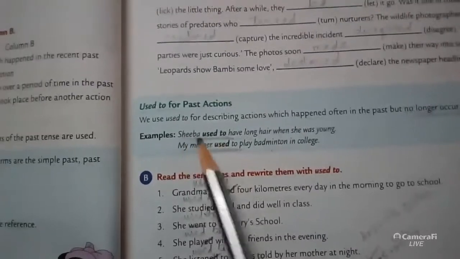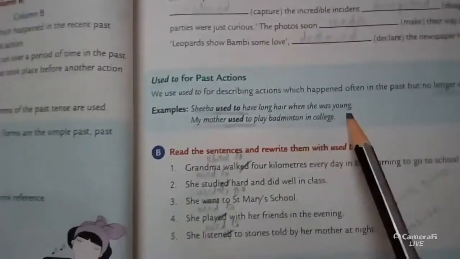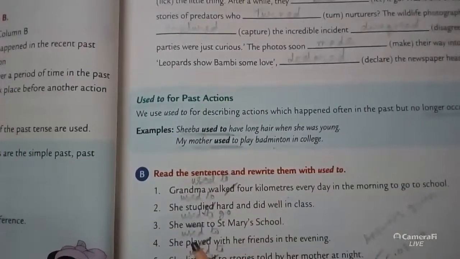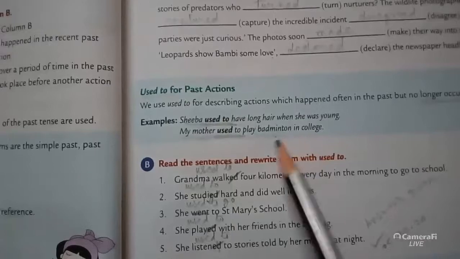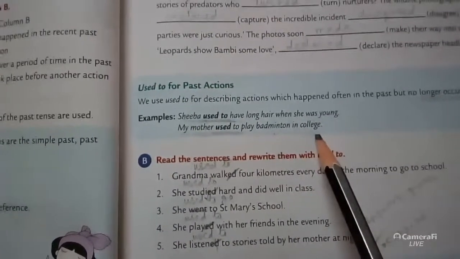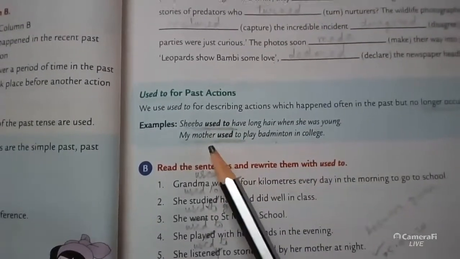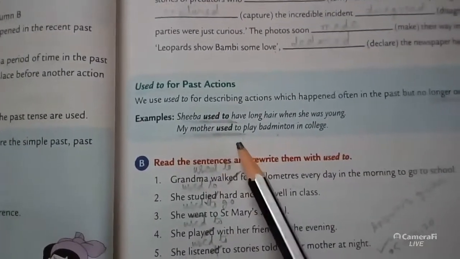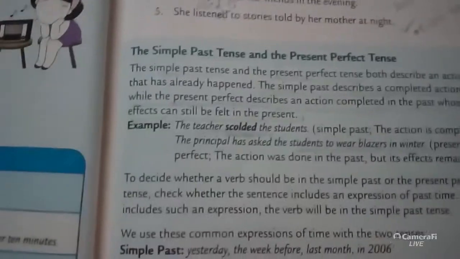Like Shiva used to have long hair when she was young. That means in the past she had it but not in the present. My mother used to play badminton in college. That means when she was in college, she used to play badminton but not now. Okay.